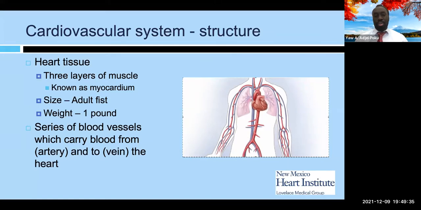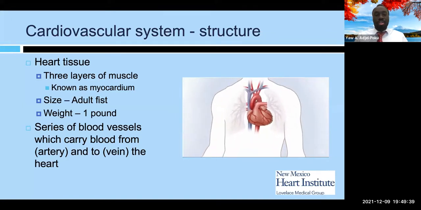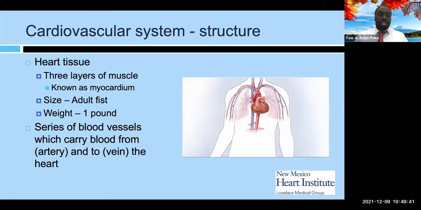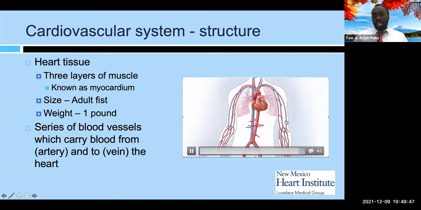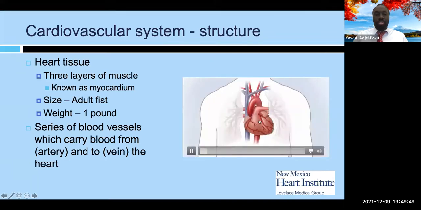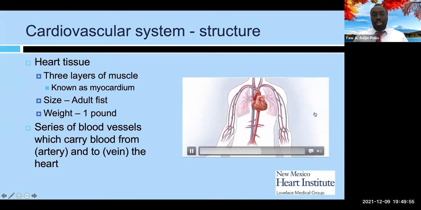The cardiovascular system is made up of a series of blood vessels which carry blood from the heart to the rest of the body through arteries, and then back to the heart through a system of veins. And this is an illustration of the cardiovascular system, with the heart at the center, and the red being the arteries that send blood to the different tributaries in your body, and veins that bring blood back to your heart.